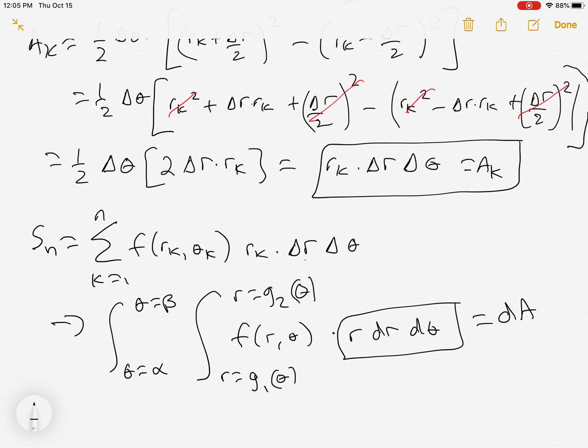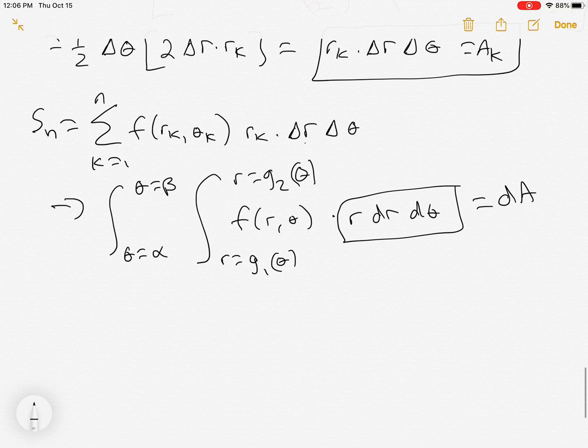And just so I'm clear, will I make you reproduce this? Probably not. But what we do know is that for some reason that work caused us to pick up an r here in the differential.